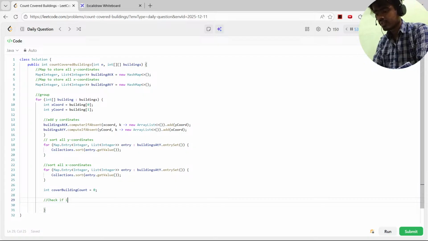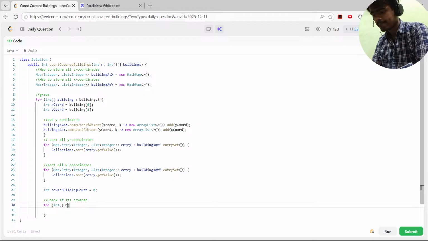Check if it's covered. So, index, and why?